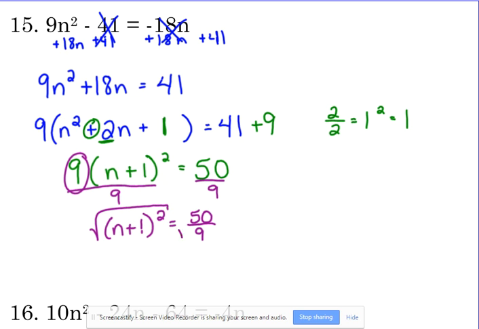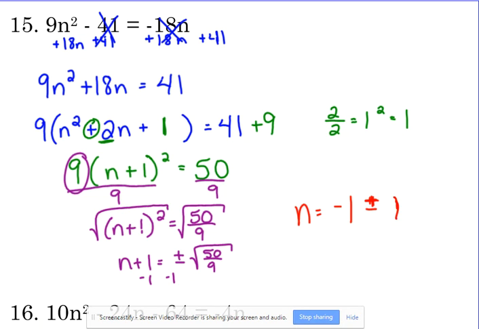Then we can take the square root. Then we can subtract the 1. So our answer is n equals negative 1 plus or minus the square root of 50 over 9.